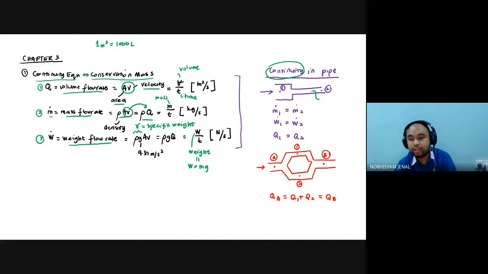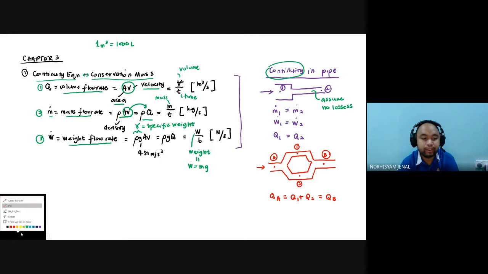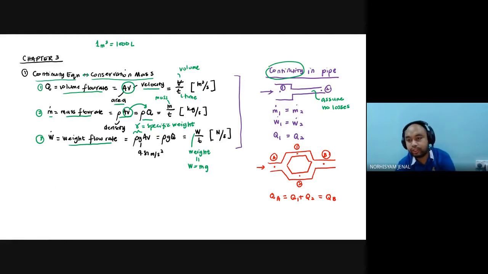So over here, we assume there are no losses in the system. So because of that, we will assume anything that comes in should come out. Right. So that's how we deal with continuity equation in pipe.